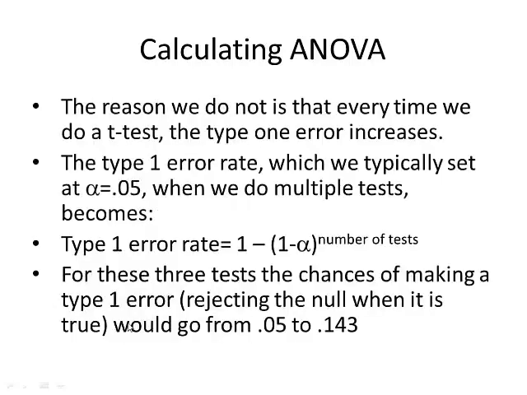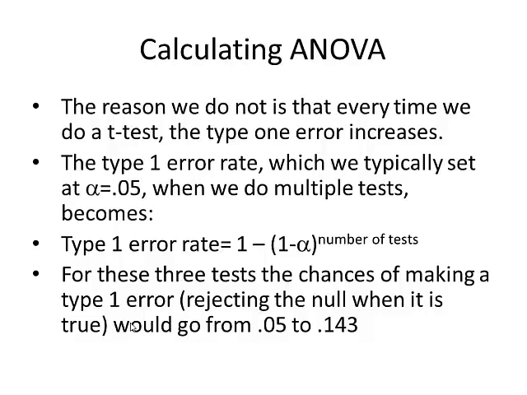We could do that, but there's a reason that we don't, and that is that every time we conduct a t-test, the type 1 error would increase. So if we did 3 t-tests on this data, we would see an increase in our type 1 error rate.